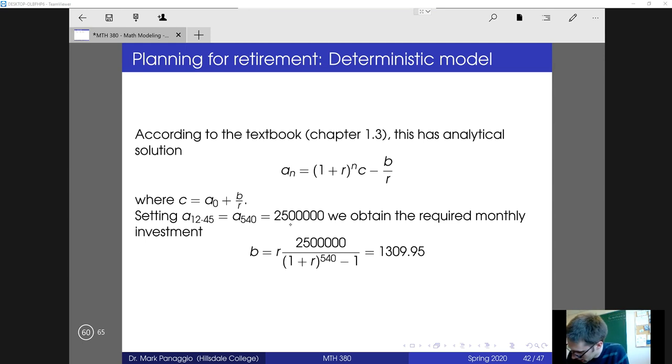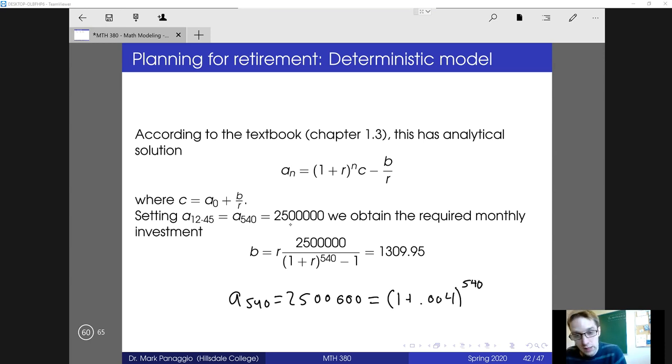And that amounts to just setting a_540 equal to 2.5 million, and then using our formula for 1 plus r, which was 1.004, raised to the n, where we're interested in what happens after 540 months. So we'll put a 540 there, times a_0, which was 0, plus b over r, minus b over r.